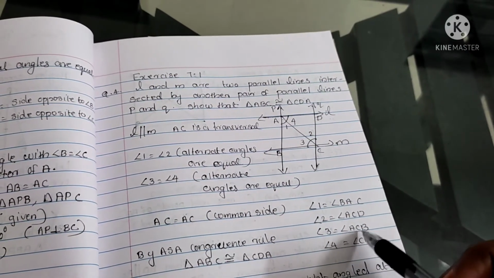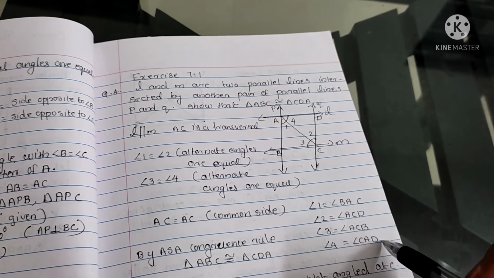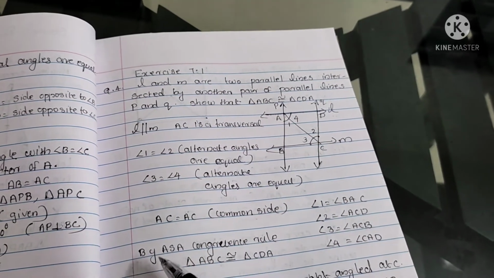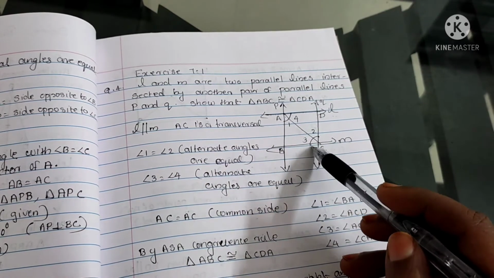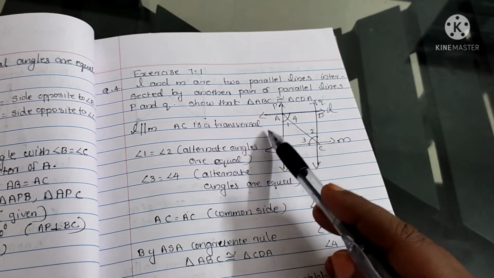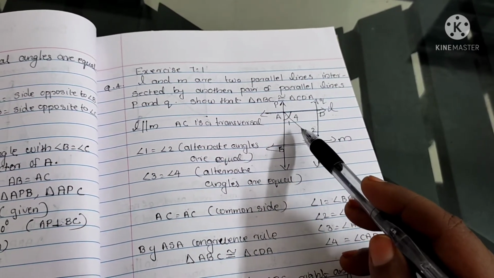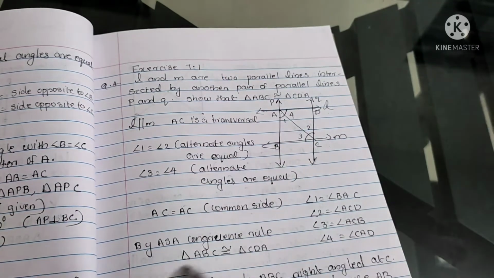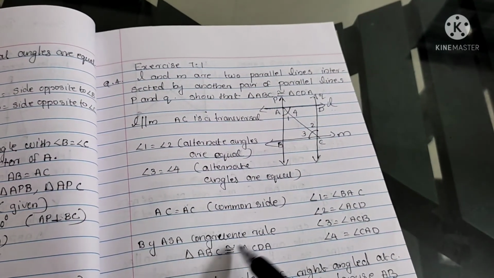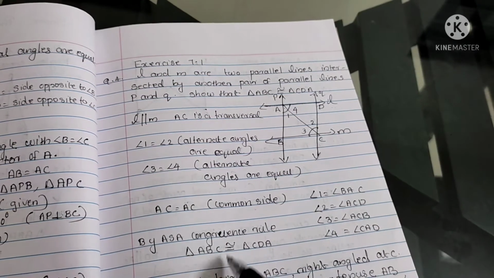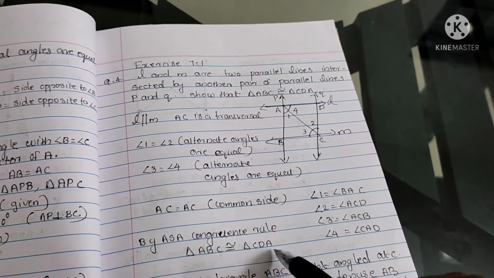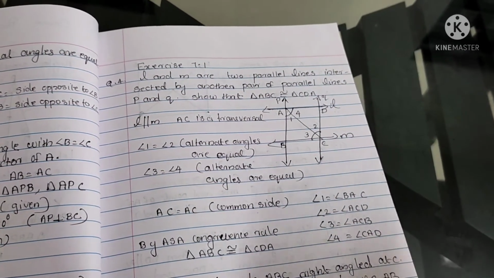Also, angle ACB is equal to angle CAD. In this figure, two angles and their included side are equal. By the ASA congruency rule, triangle ABC is congruent to triangle CDA.